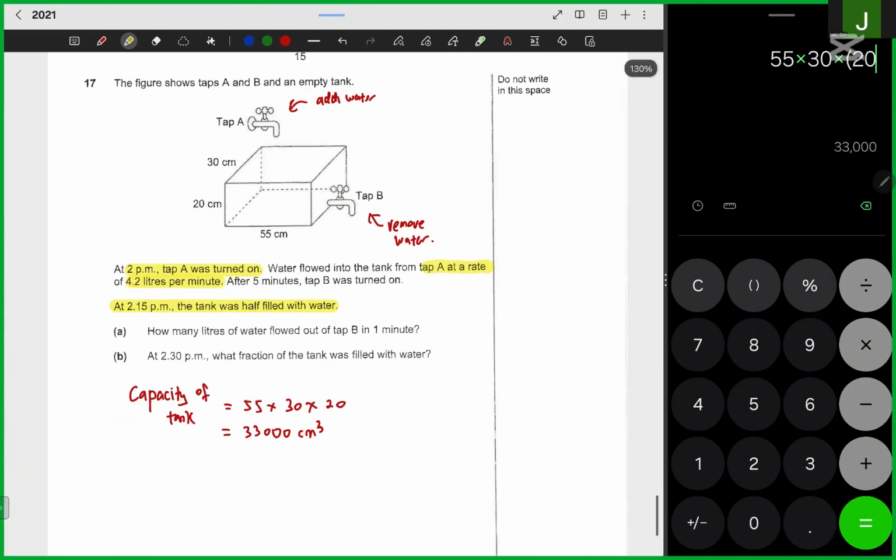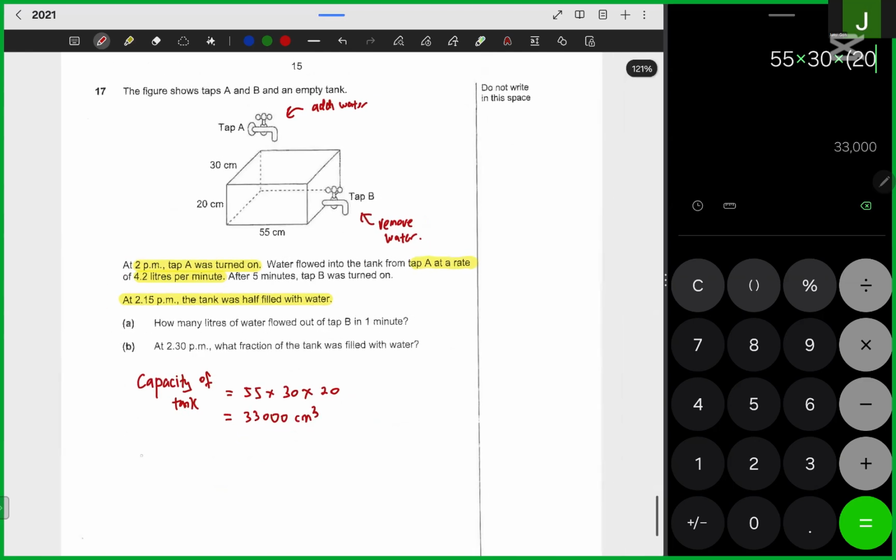Okay, so we do a little bit of calculation first. If A contributed 4.2 liter per minute and it went on for 15 minutes, my tank should have 63 liters. But my capacity of tank is only 33 liter.